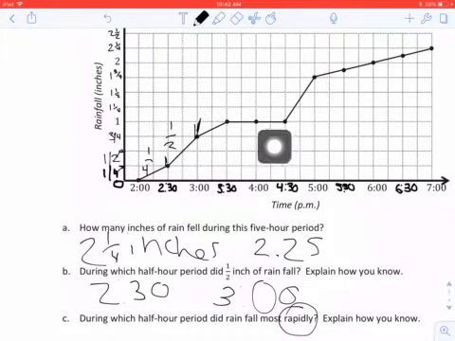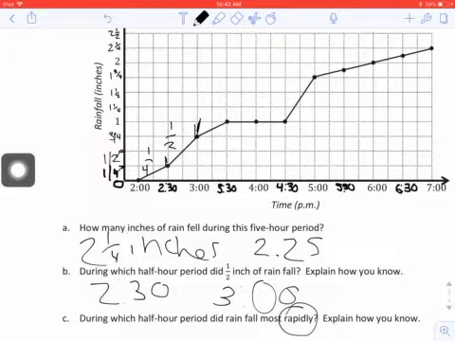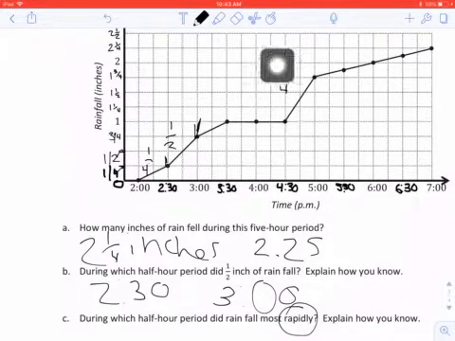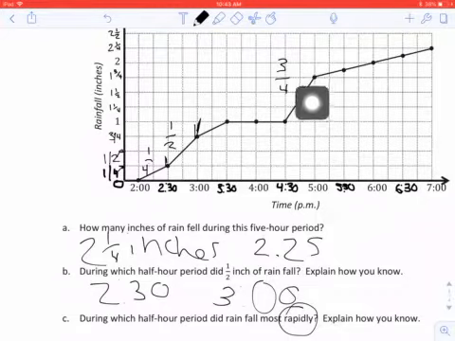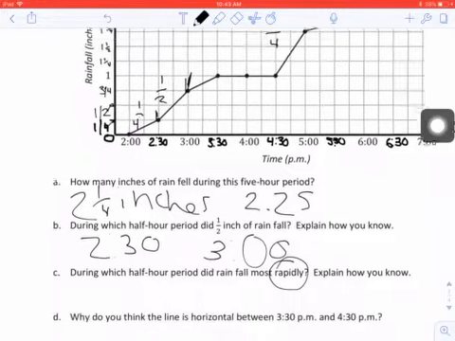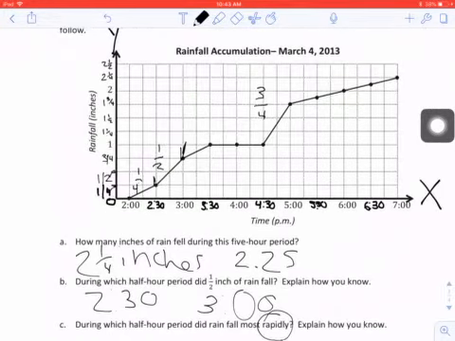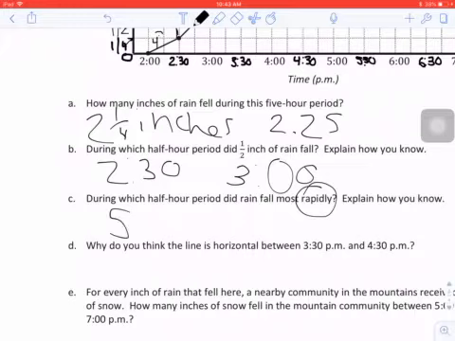It went from 1 inch of rain to 1 3/4 inches of rain, which would equal 3/4 of an inch of rain fell. You can also see by seeing how many spaces it went up. 1, 2, 3. 3 1/4 is 3/4. So that's between 4:30 and 5 o'clock.